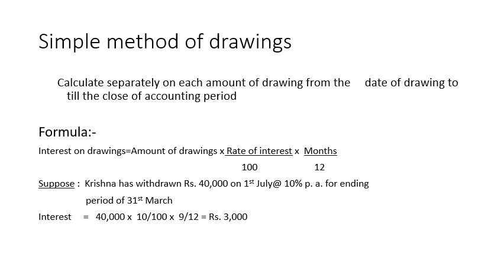The interest on drawings is calculated as the actual amount withdrawn by the partner multiplied by the rate and the time. For example, if a partner, Krishna, has withdrawn rupees 40,000 on 1st July at the rate of 10% per annum, and the accounting period ends on 31st March, then the amount is 40,000, the rate is 10 upon 100, and the time from July to March is 9 months.